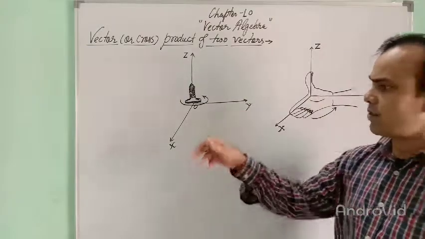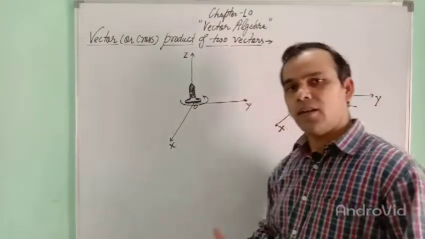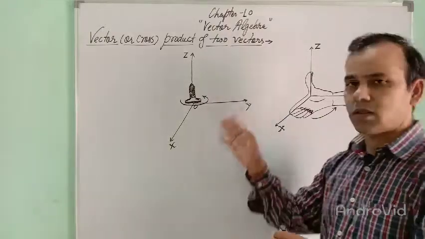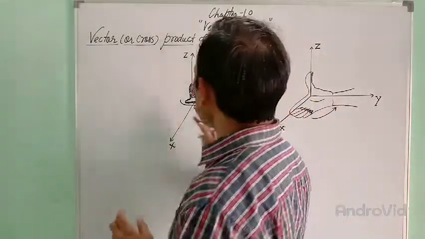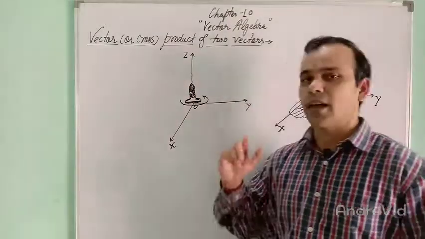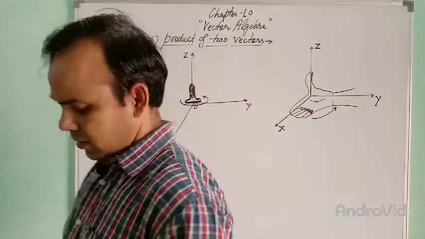Clear? When the positive x-axis is rotated counterclockwise towards the positive y-axis, the screw would advance in the positive direction of the z-axis.